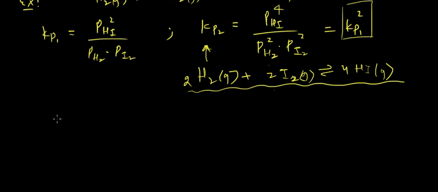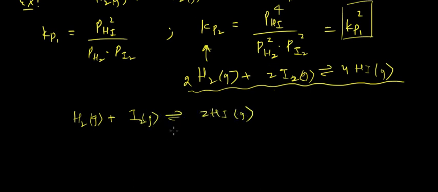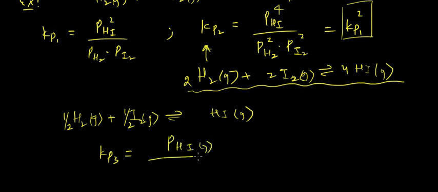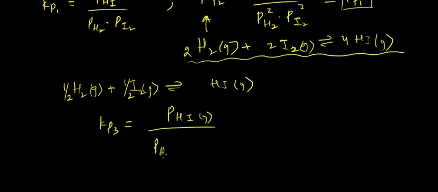And suppose we write this equation, H2(g) plus I2(g), this was the original equation, I'm writing it again, gives 2 moles of HI(g). What happens if we balance the equation something like this? Then Kp3 would come out to be partial pressure of HI divided by partial pressure of H2 to the power half and partial pressure of I2 to the power half. Then it will be nothing but root of Kp1.